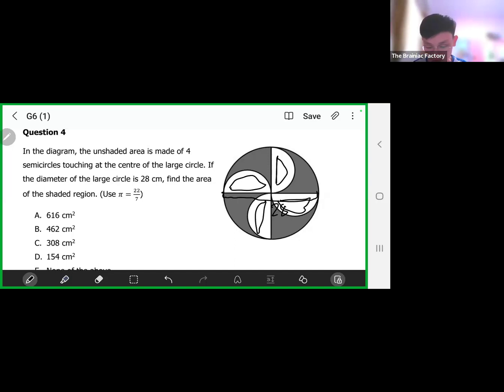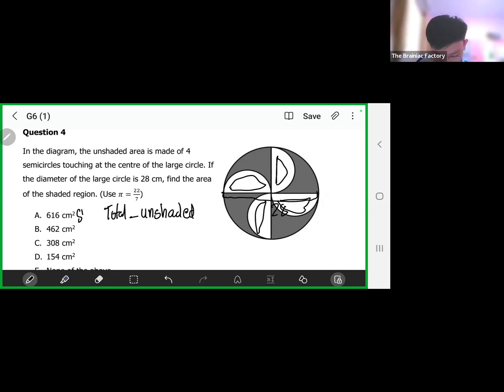So we have the shaded region and the unshaded region. The simplest way we can do it is to take the total minus the unshaded.